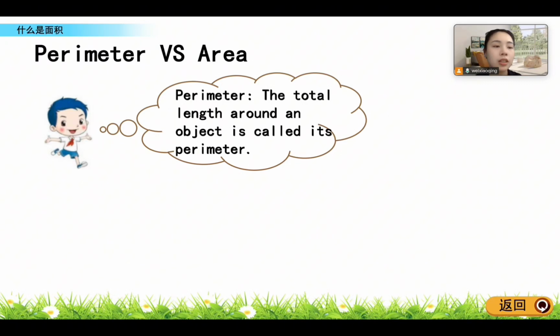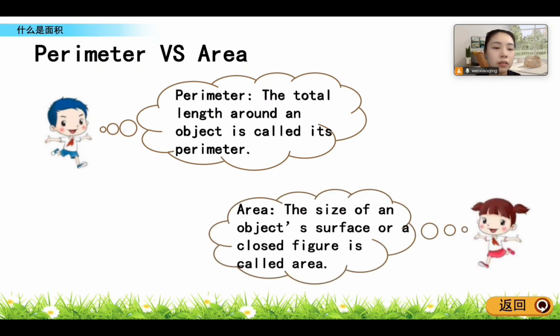Then touch the entire area of the desk. While touching, say the definitions. Perimeter is the length around an object, and the area is the size of an object's surface or the size of a closed shape.